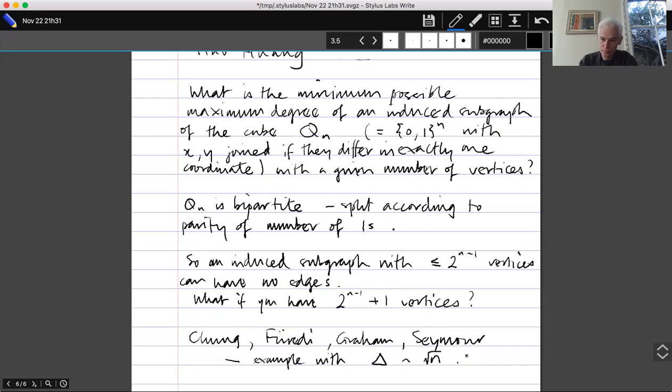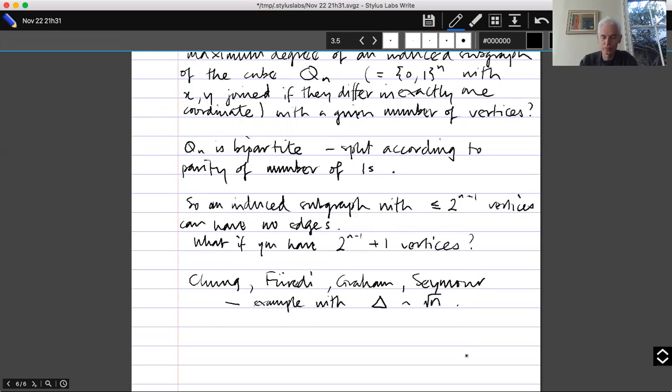So quite a lot smaller than the trivial upper bound of n.